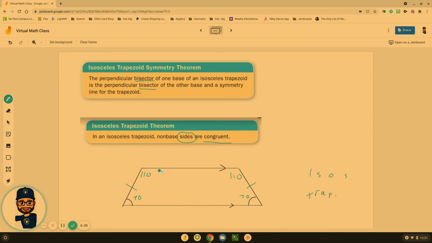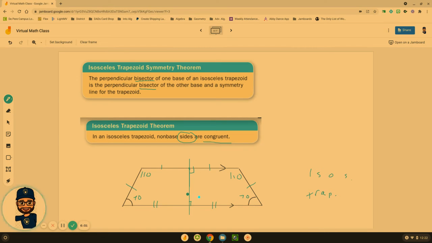So if I tell you that this is the midpoint, that means I draw the perpendicular bisector right there, perpendicular, and it bisects the top. Bisecting means it's half. That line, if I continue to extend it, is also going to be the perpendicular bisector of the bottom base.